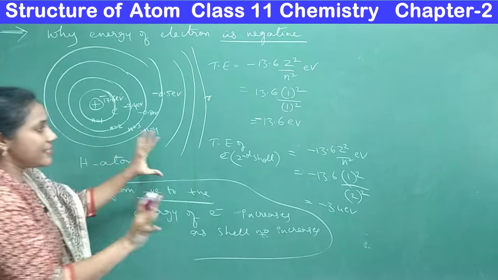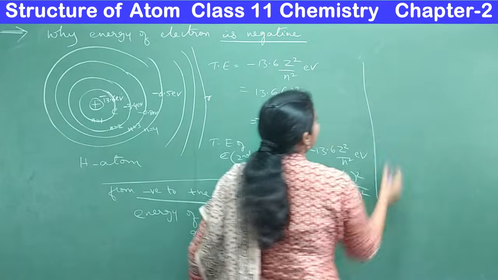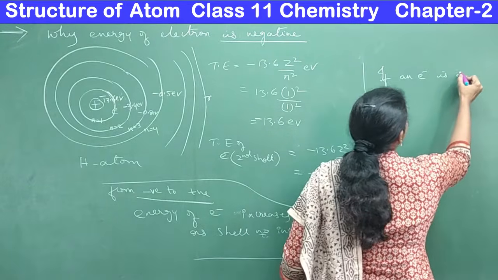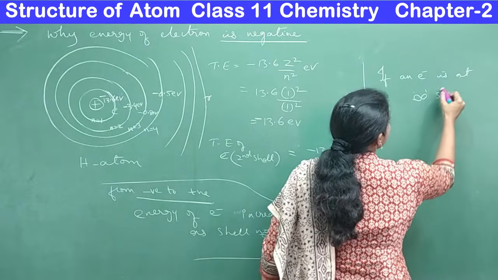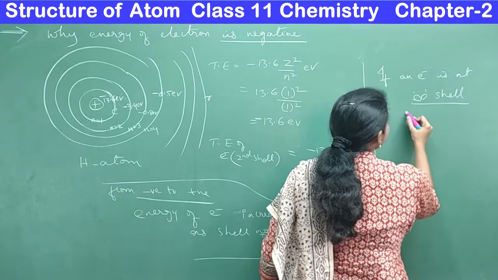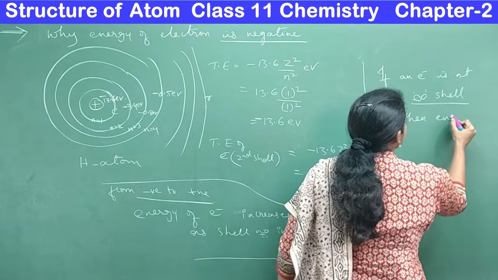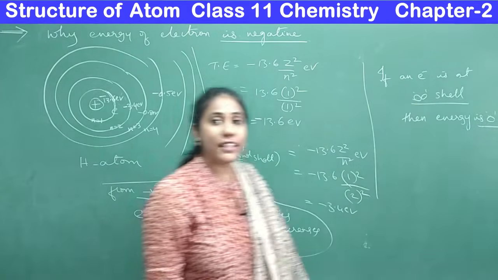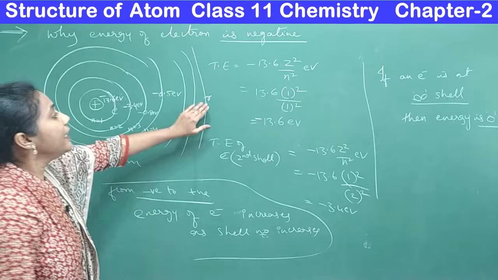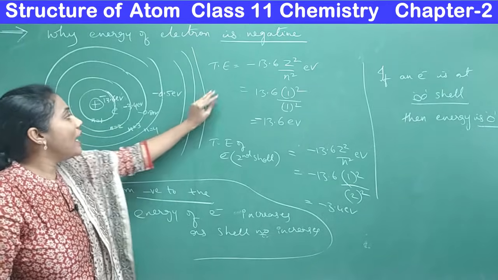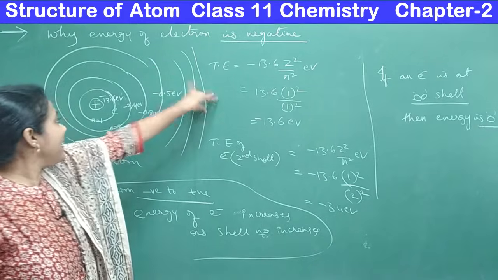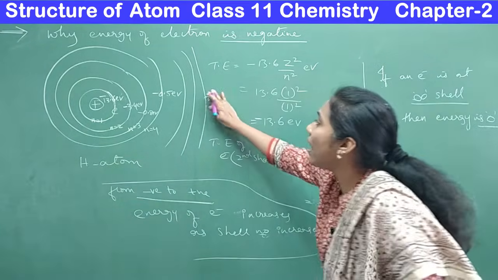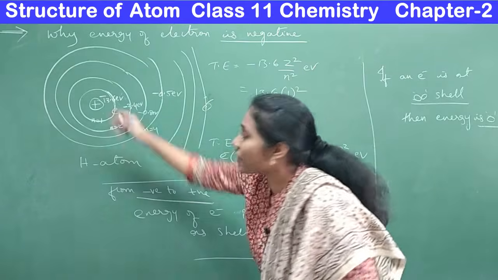You know what? There is a concept that if an electron is at infinity shell, then its energy is 0. Why do we say its energy is 0? Because if the electron is somewhere very far, does it experience attraction from the nucleus?